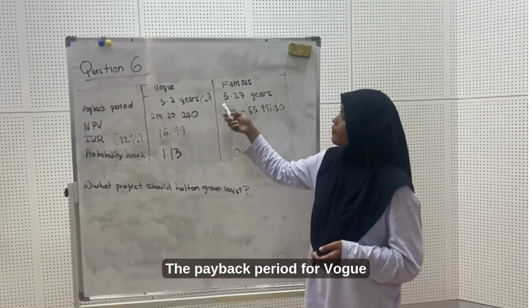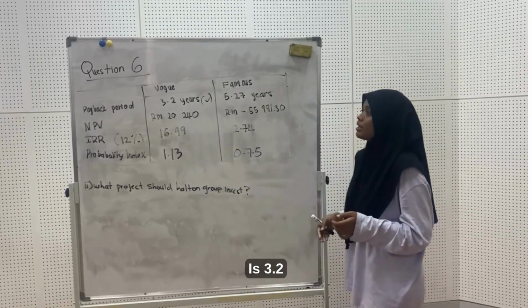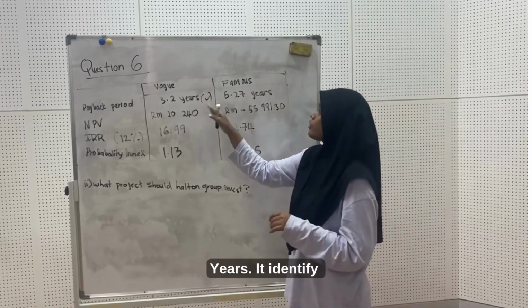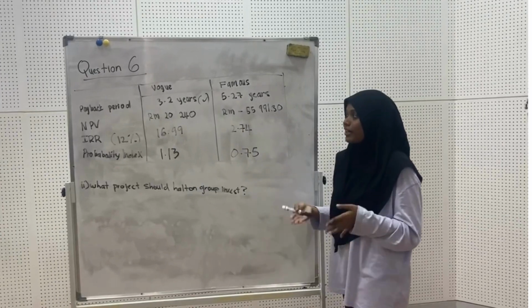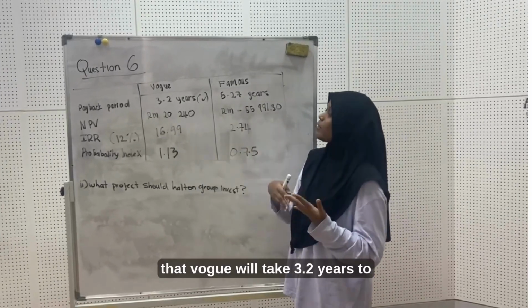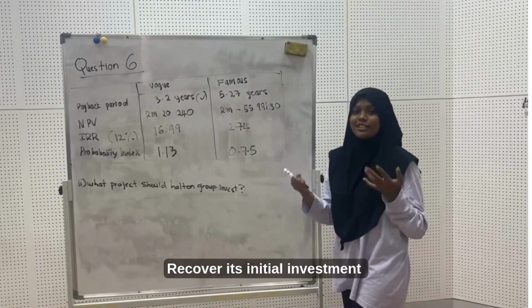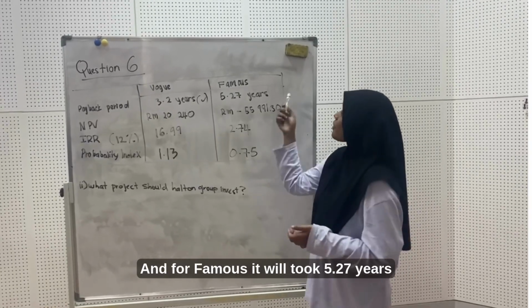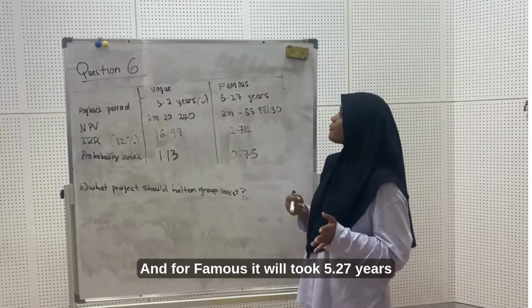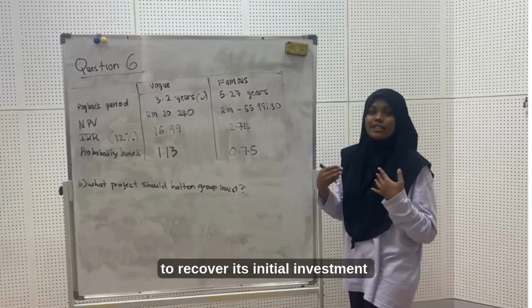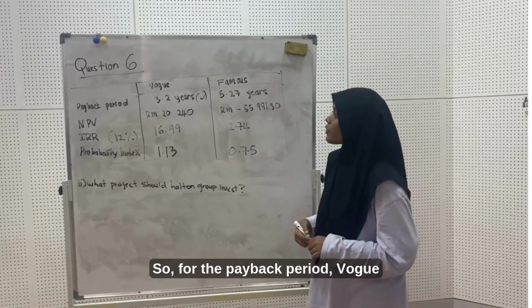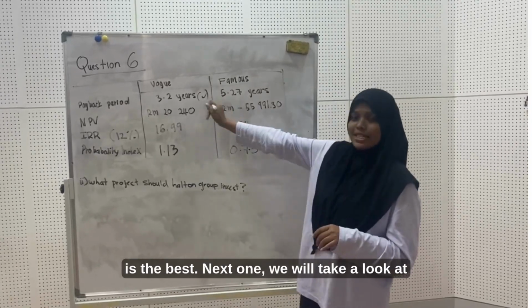The payback period for book is 3.2 years, so book will take 3.2 years to recover its initial investment, and famous will take 5.2 years to recover its initial investment. So for payback period, book is the best.